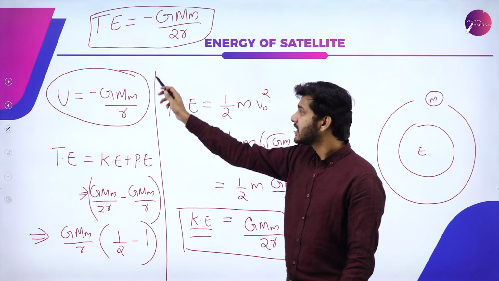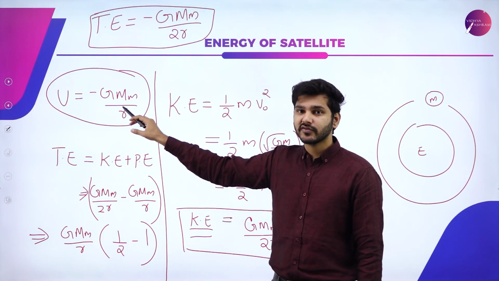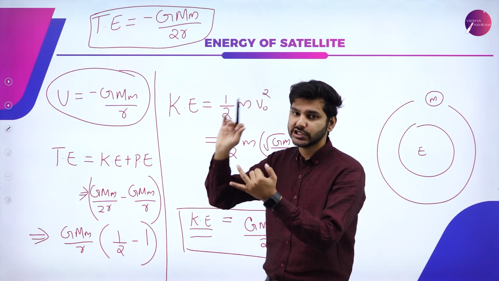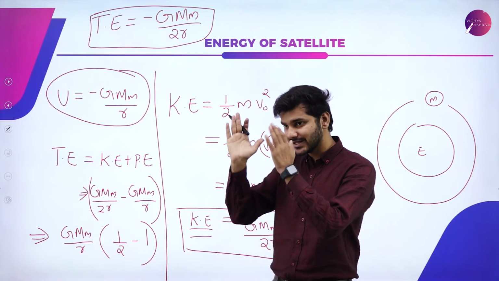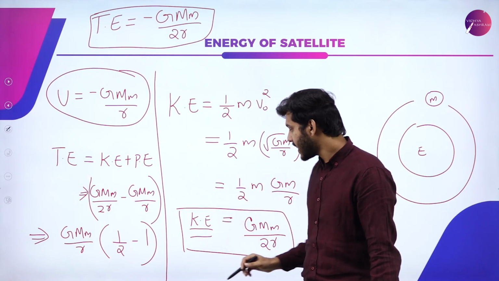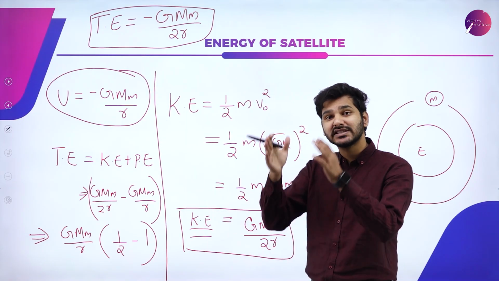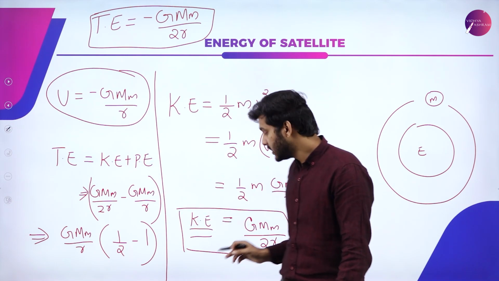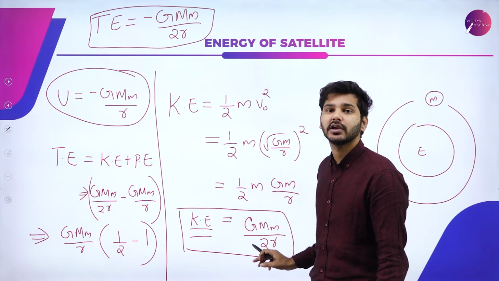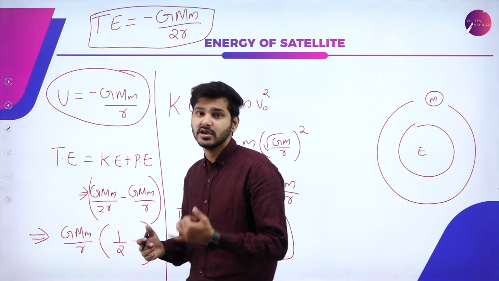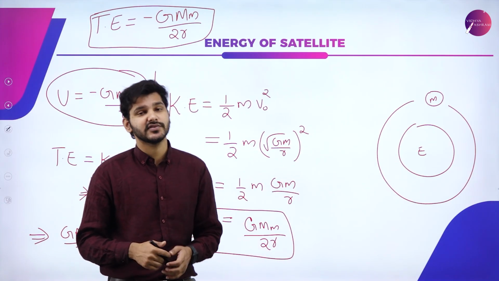Or simply, if I take the magnitude values for potential energy, total energy and kinetic energy, then I can say that the total energy and kinetic energy have the same magnitude, and potential energy will be double that of the kinetic energy. So that is the relation between potential energy, kinetic energy and total energy of a system.